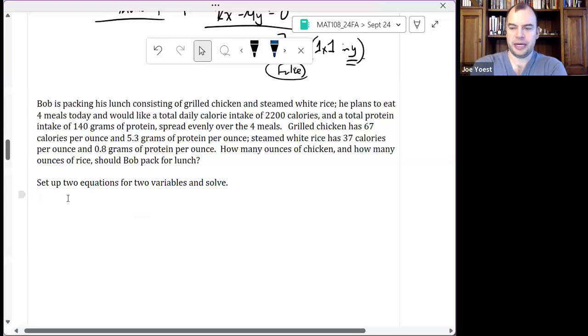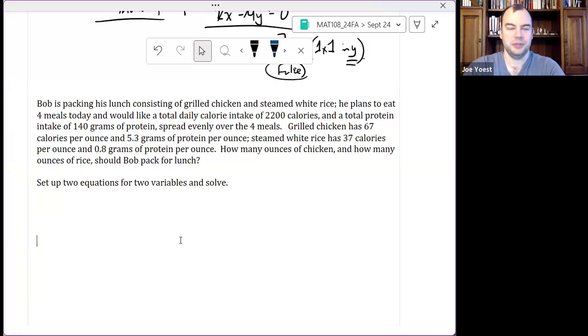Okay, so let's look at some application problems. So here, Bob is packing his lunch consisting of grilled chicken and steamed white rice. So pretty healthy meal, it seems like. He plans to eat 4 meals today with a total daily calorie intake of 2,200 calories and a total protein intake of 140 grams of protein spread evenly over the 4 meals.